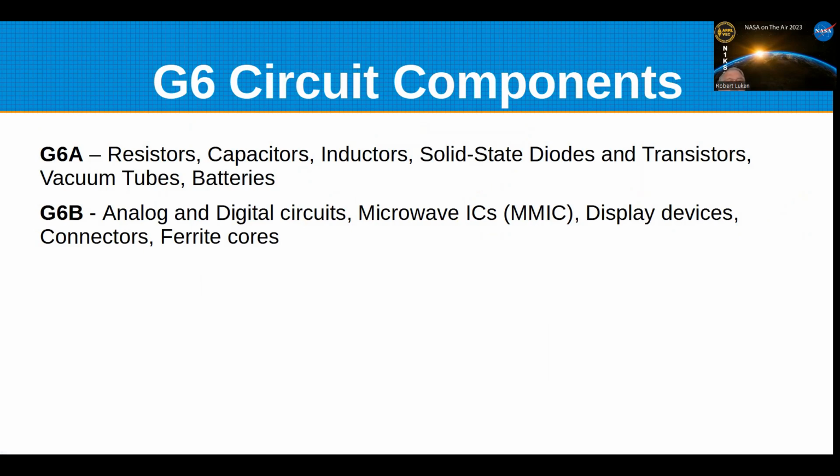We're going to talk in a little more detail about resistors, capacitors, inductors, get into solid state diodes and transistors, a little bit about vacuum tubes because they're still around, and they're neat, and batteries. And in the second group, analog and digital circuits, microwave ICs, display devices, connectors, and ferrite cores, or beads.